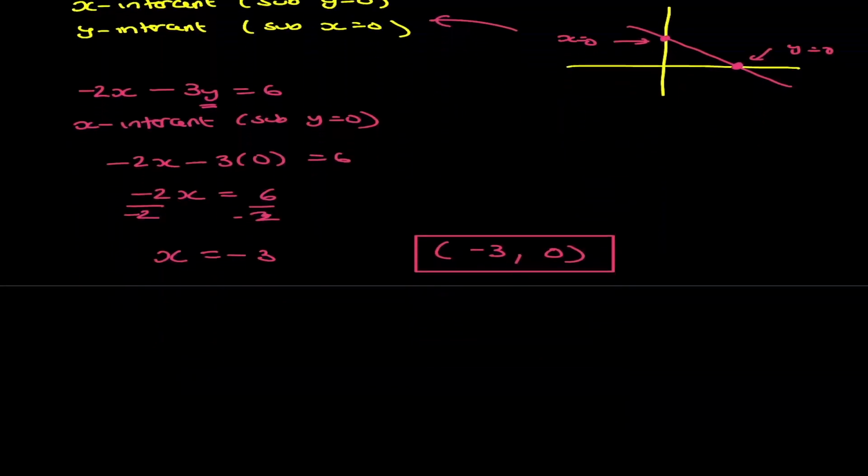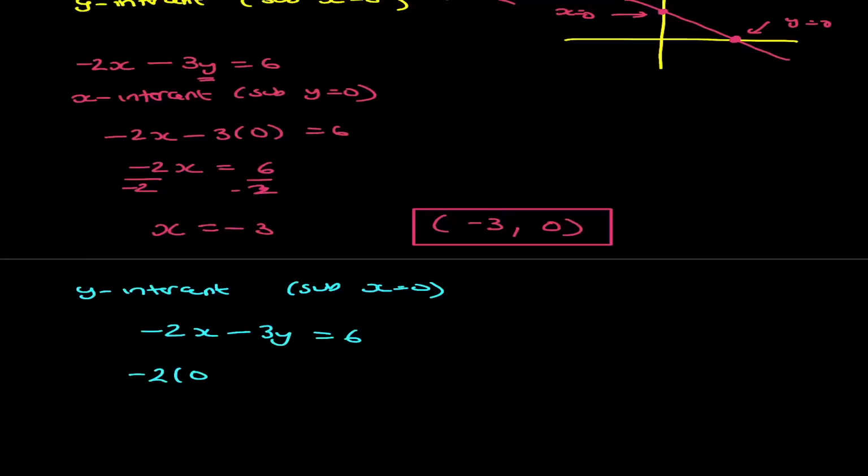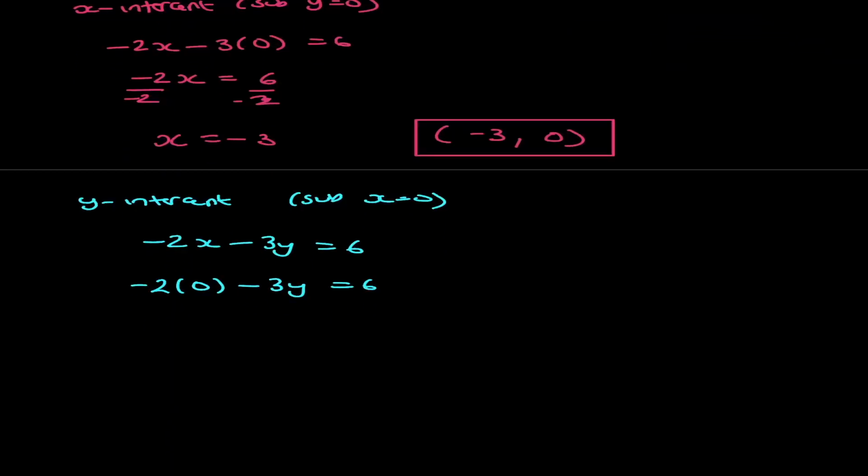Okay, now let's work out my y-intercept. Let's change the color so it's easy to see. At the y-intercept, you sub x as 0. So let's write out the equation again, and instead of x, I'm going to substitute 0. So you've got -2 times 0, take 3y, equals 6, and -2 times 0 is just 0.